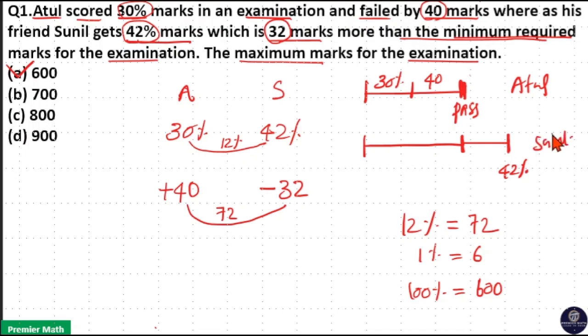This is above the pass mark limit, because he gets more marks. That is, he gets 32 more marks than the pass mark. So, in the first case, pass mark is equal to 30% plus 40. And in the second case, pass mark is equal to 42% minus 32, because he gets more marks than the pass mark.